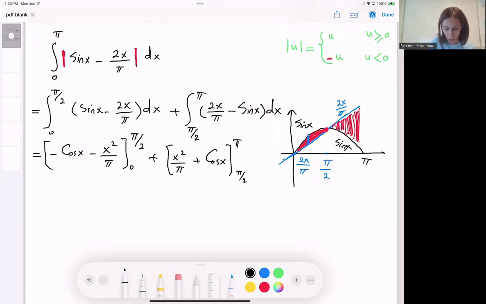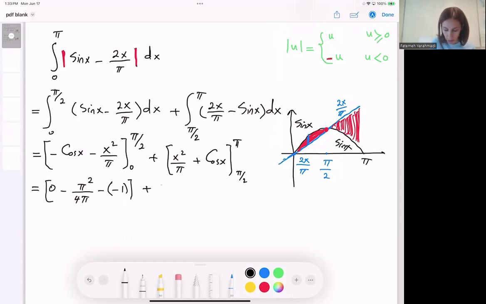So if you plug in pi over 2 here, the cosine term becomes 0, minus pi squared over 4 pi, minus, if I plug in 0, I get minus 1. And if you plug in 0 for x, the rest is just 0, so I didn't write down 0 on the right-hand side.